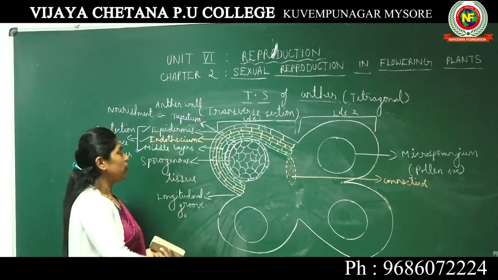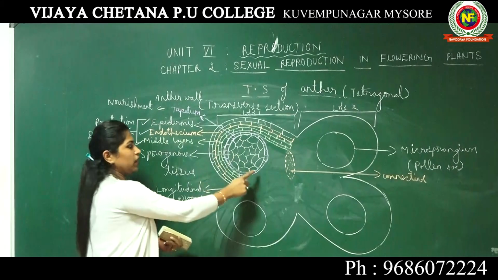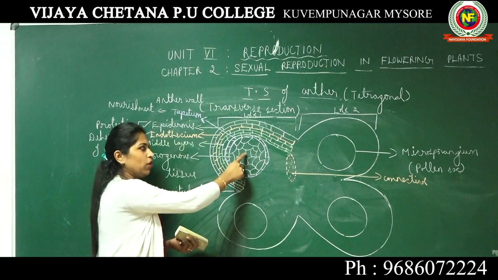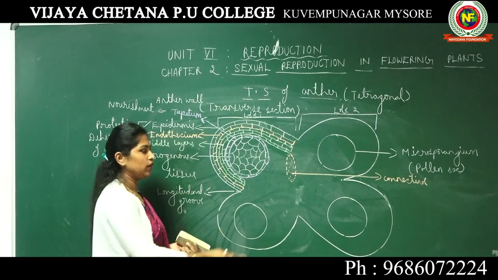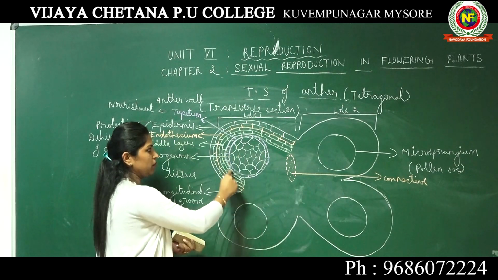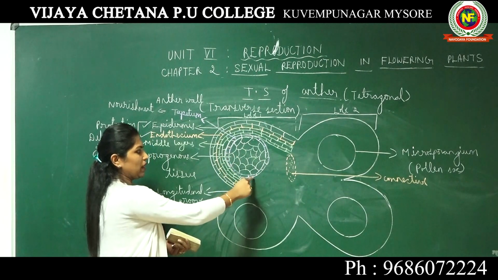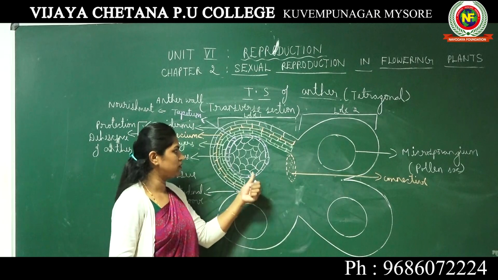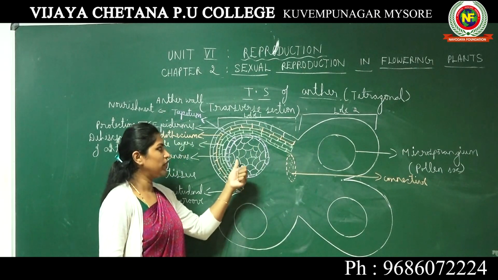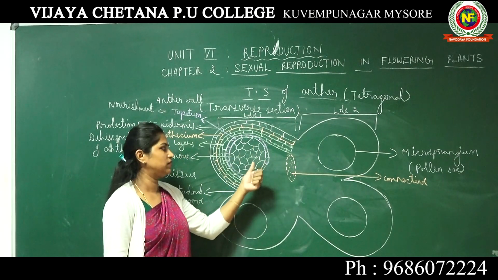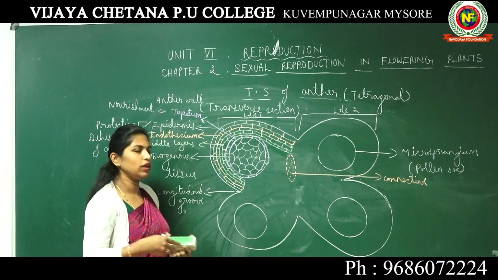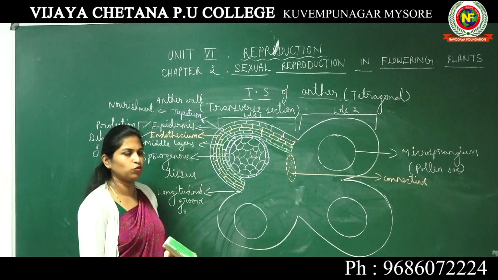Now, who do they nourish? They give nourishment to this sporogenous tissue at the time of microspore formation. They help this sporogenous tissue when they are developing into pollen grains. They give nourishment to the sporogenous tissue or the developing microspores.